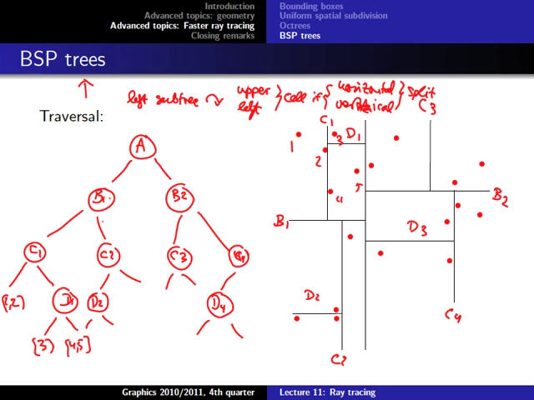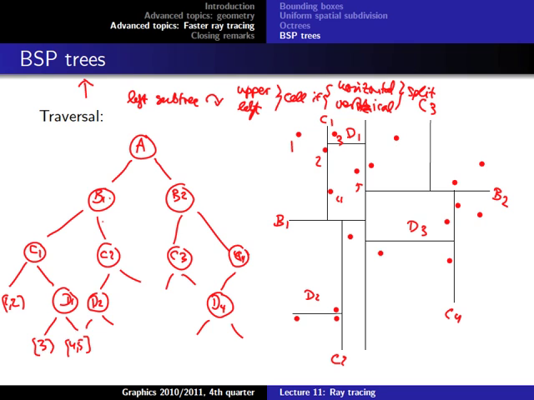And then when we do the intersection, we basically do a first check here, and then we can decide if both sides intersect, or if one side doesn't intersect, we know that we don't have to look into that part.